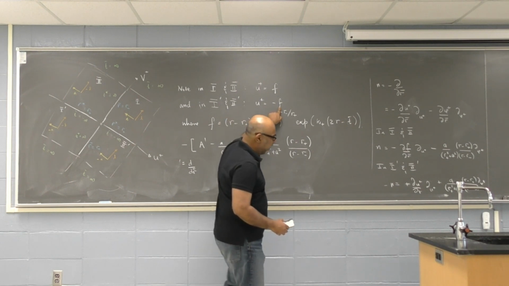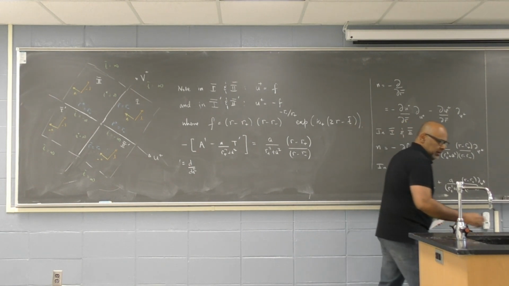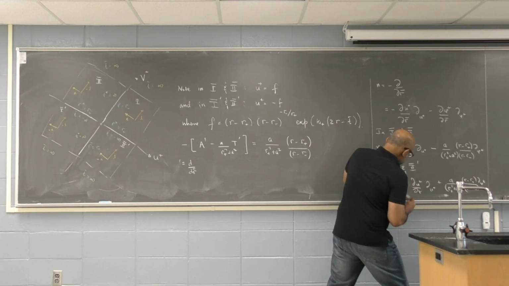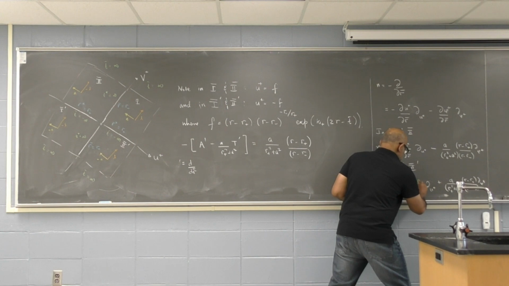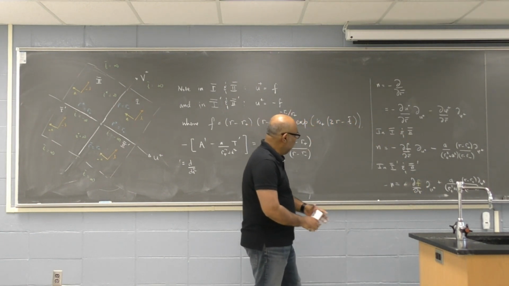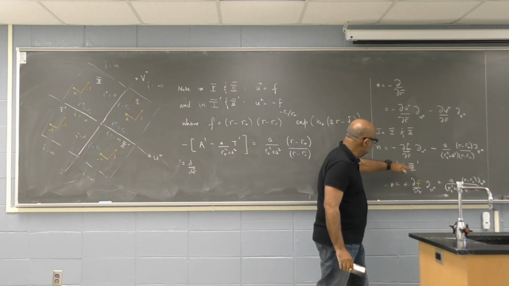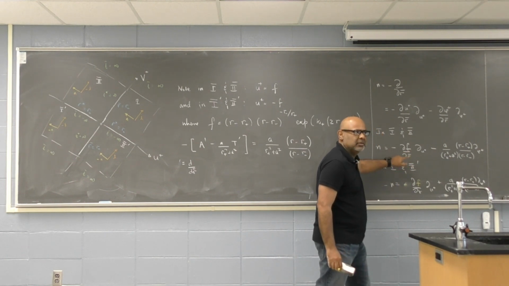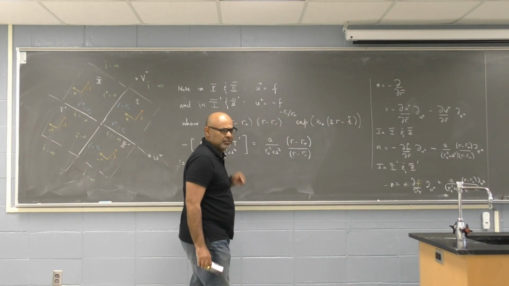And therefore, this becomes, watch for it, so as we transition from 1 bar, 2 bar to 1 bar prime and 2 bar prime, look, these guys are continuous. In fact, they're smooth because this is a smooth function.